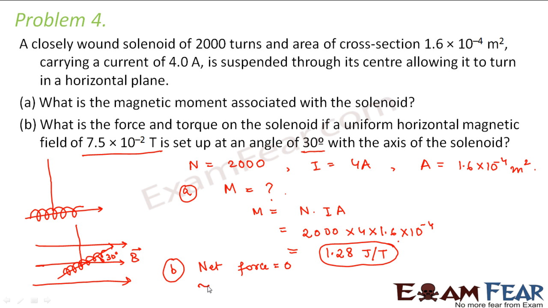But when we talk about torque, that torque would be given by m cross B, that is equal to mB sine theta. What is m? M is nothing but the magnetic moment which we calculated just now. B is the magnetic field, and theta is 30 degrees.